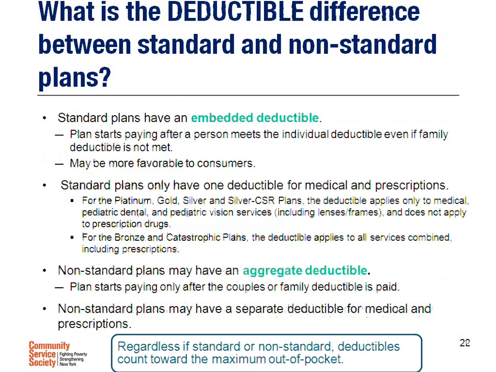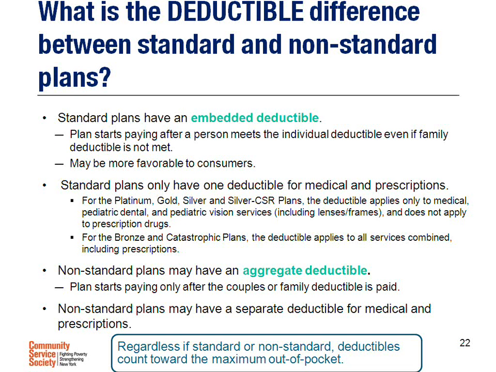What is the deductible difference between standard and non-standard plans? This is something very important that was not highlighted, at least through the Navigator training that I went to last year. Standard plans have an embedded deductible, and I'll give you an example of what an embedded deductible is. Pretty much, when you're looking at a standard plan, let's say there is a couple or a family plan, right? So maybe it's husband and wife, they get a couple's plan.